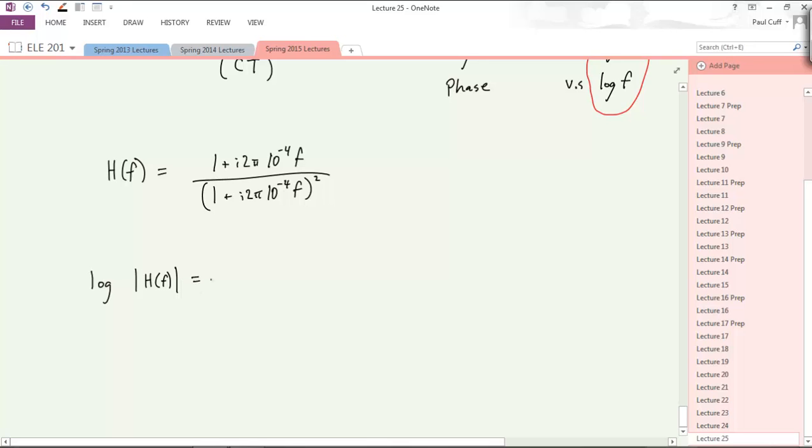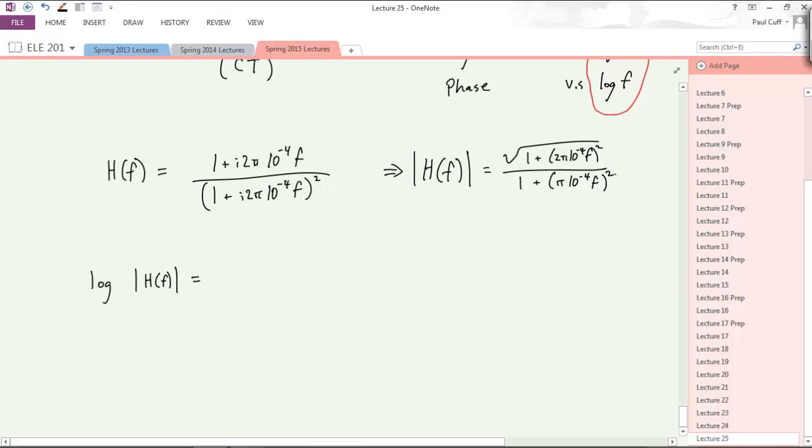Notice that we already said above that the magnitude was the square root of 1 plus (2 pi 10 to the negative 4 f) squared, over this. So that was the magnitude.